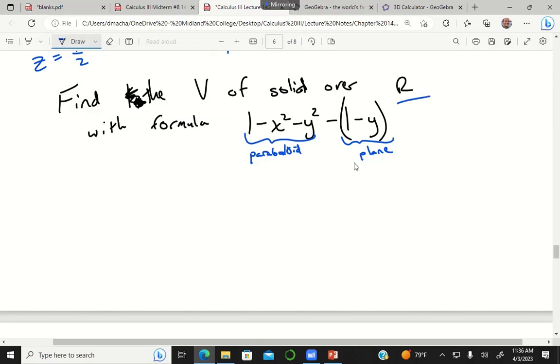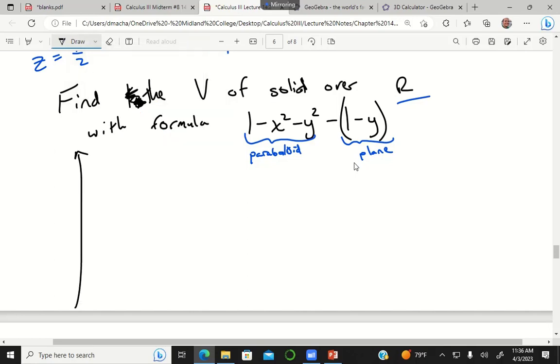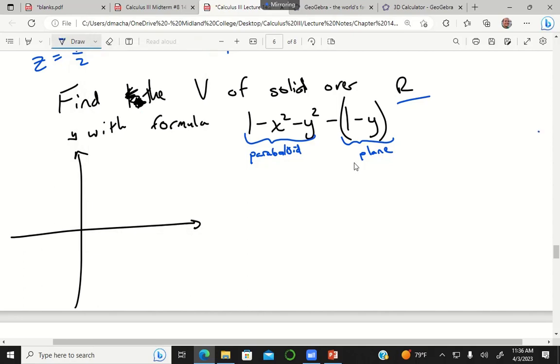And whenever I say R, the R region that I'm talking about is the region where these two surfaces intersect. And so my R region is going to be the circle where the center is at y equals 1/2, x equals 0, and it has radius 1/2. This is my R region.